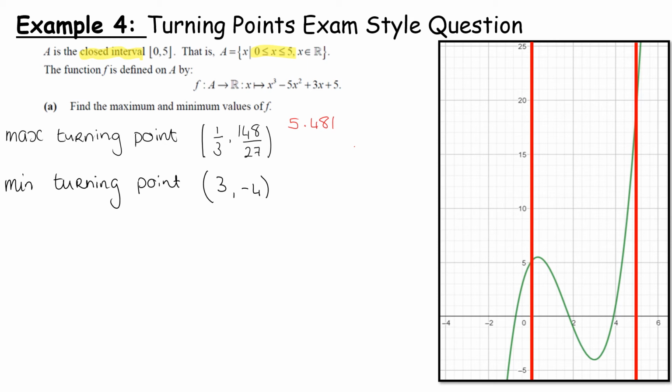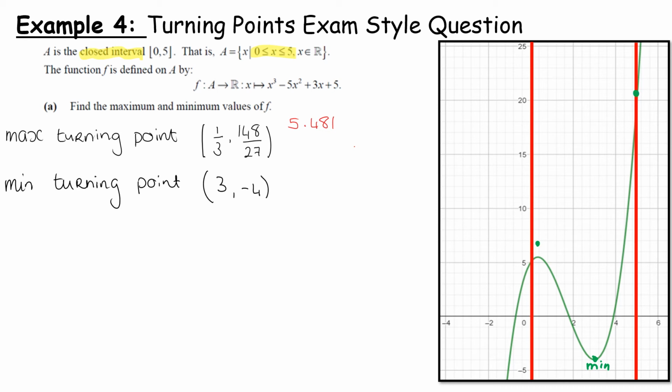So we've worked out a maximum turning point here and a minimum turning point down here, and they asked us the actual minimum value and the maximum value of the graph. You can see by the graph that this point here is most definitely a minimum. The graph doesn't go lower. However, it does go higher than the maximum turning point. It moves somewhere up here.